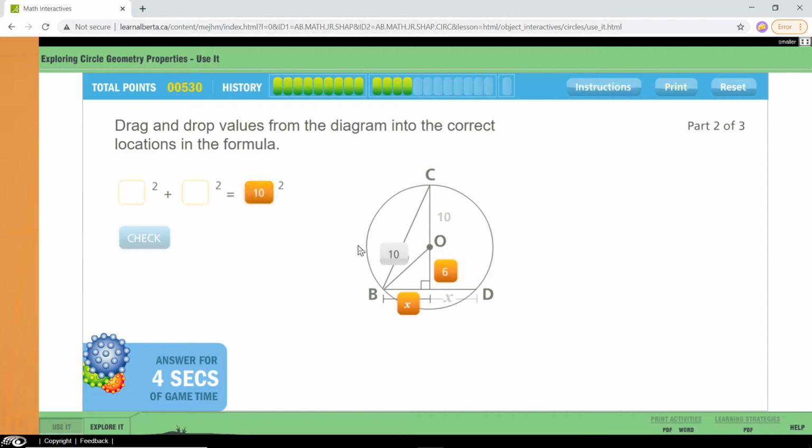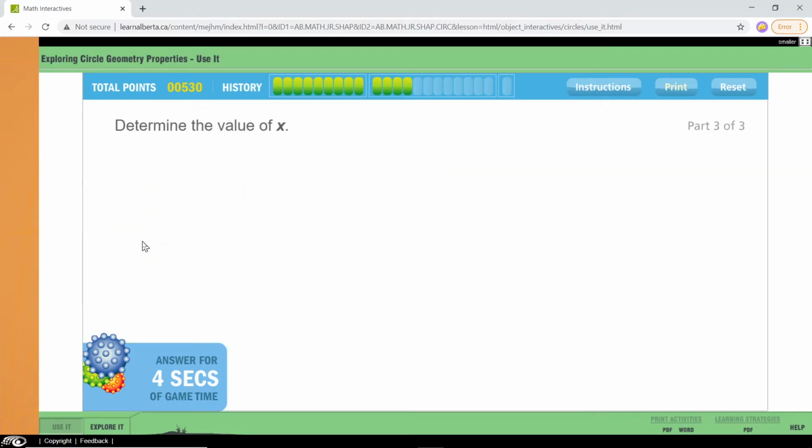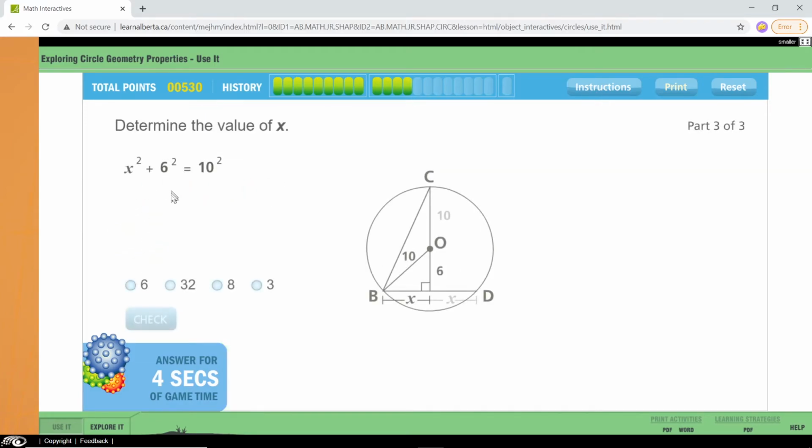So you put it here, and x. So now we're going to find the value of x. So the square root of 64 is 8.